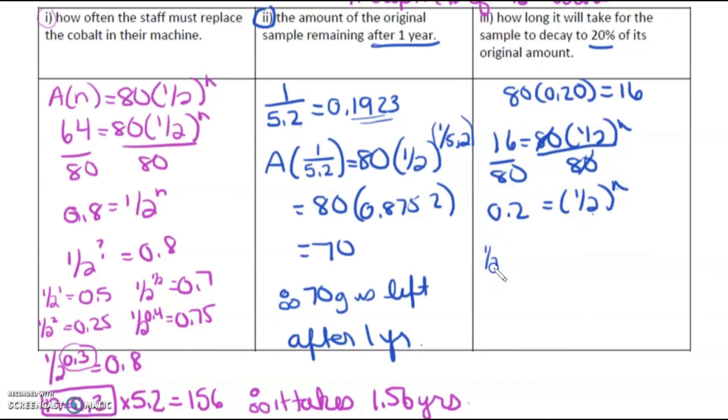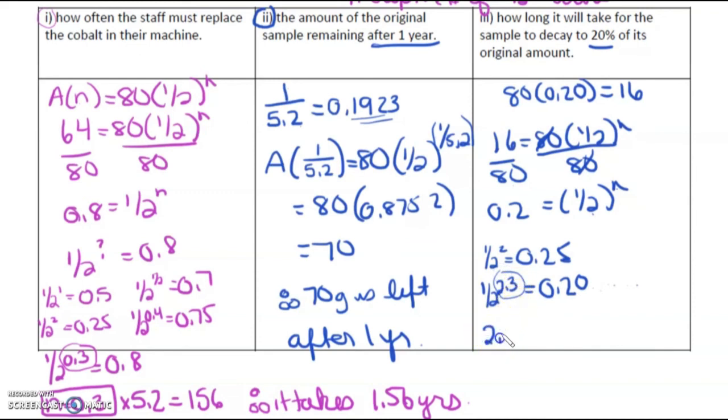Again, we have to figure out when 1/2 to the n equals 0.2. I know that 1/2 squared is 0.25, so I'm almost there. So 1/2 to the exponent 2, I'm doing 2.1, 2.2, 2.3. So 1/2 to the 2.3 is going to equal 0.20, and so on. I'm good with this number.